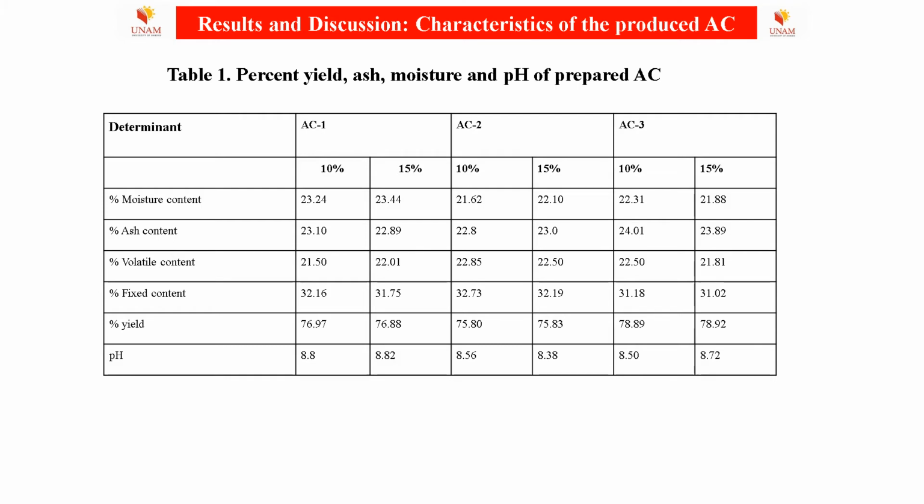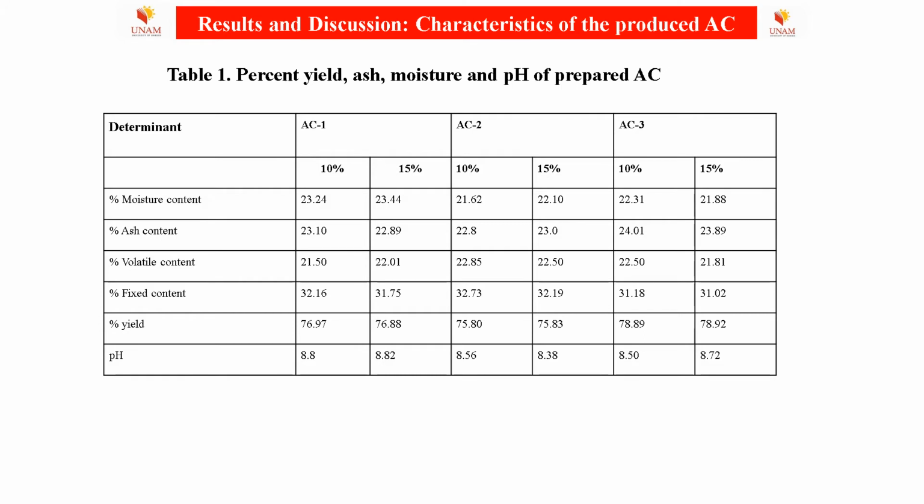Volatile content is 21.5 for AC1 10%, 15% it is 22.01, AC2 22.85, 15% 22.5, AC3 22.5 and 15% 21. Percent fixed carbon content is 32.6 for AC1 10%, 15% 31.75, AC2 10% 32.73, 15% 32.19, AC3 10% 31 and 15% 31.